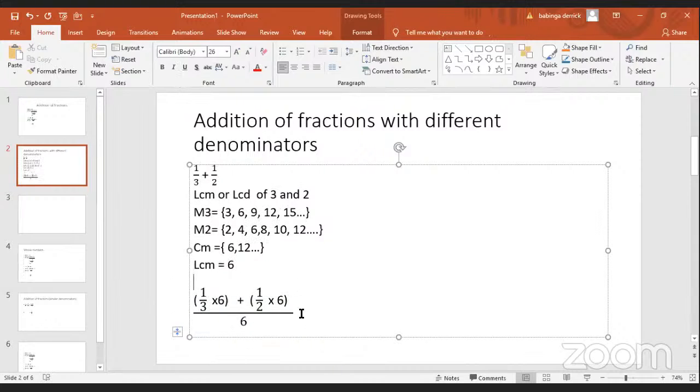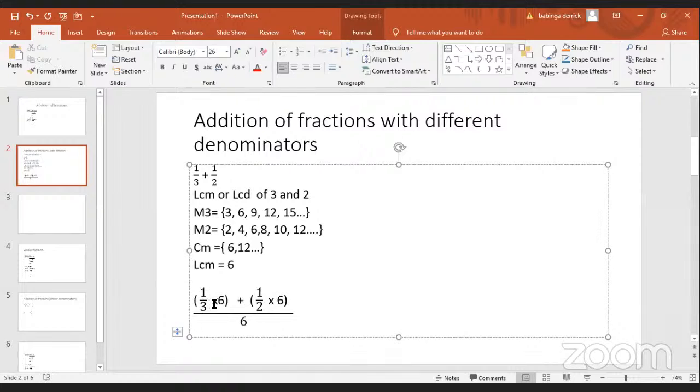Are we together, my friends? Okay. So now after doing this, you come and work out these brackets here. So we have a third times 6. We look for how many times 3 can go into 6. So how many times can 3 go into 6?